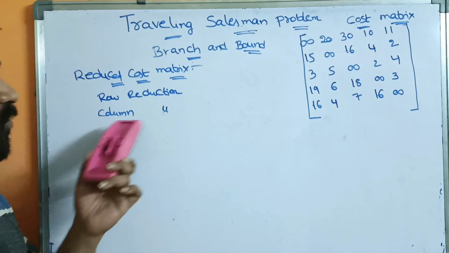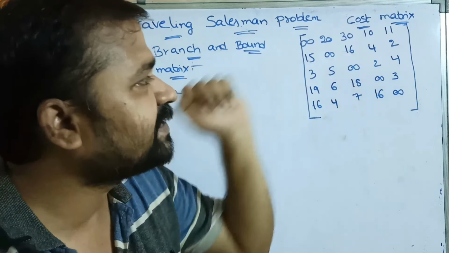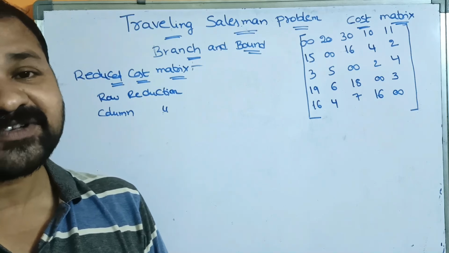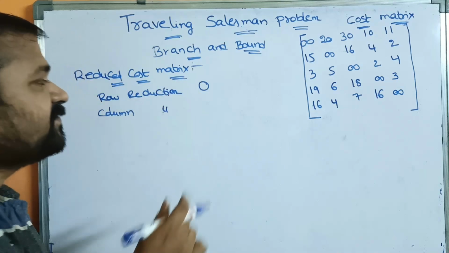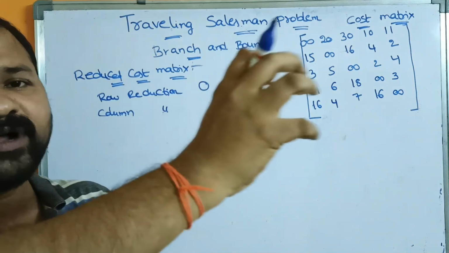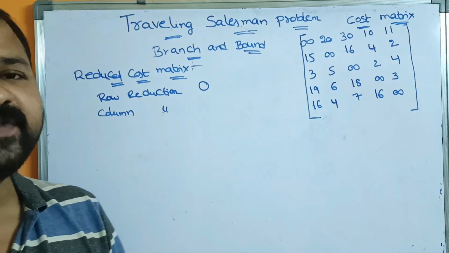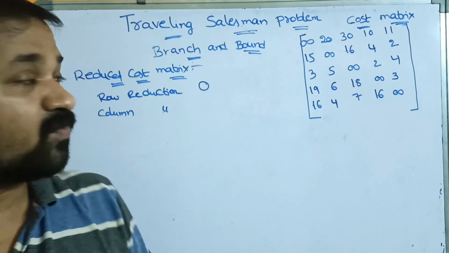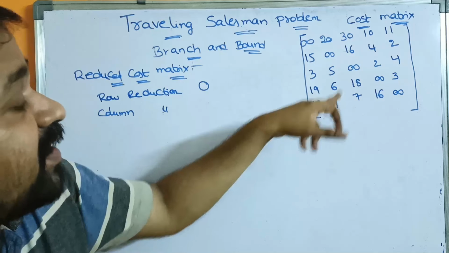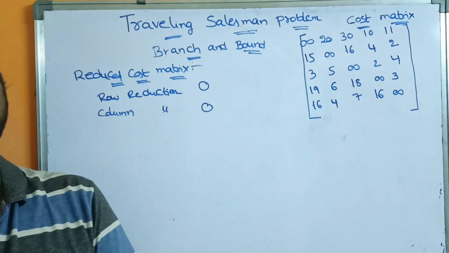First, let us see what row reduction is. Row reduction means here each row contains 5 entries. If at least one entry of the corresponding row is 0, then we can say that the corresponding row is reduced. Likewise, for column reduction, we have 5 columns. If at least one entry in each column is 0, then we can say that the corresponding column is reduced.